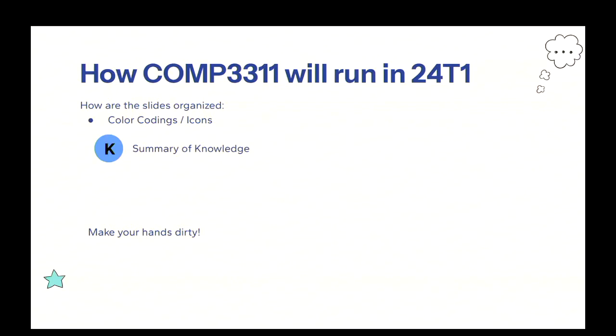So here we have a summary of knowledge. If you see this icon on the top left corner of the slide, you will know that this slide is related to a summary of knowledge. And if you see this yellow E here, it's related to some kind of exercise. You may wonder, why do I use the color of blue and yellow?